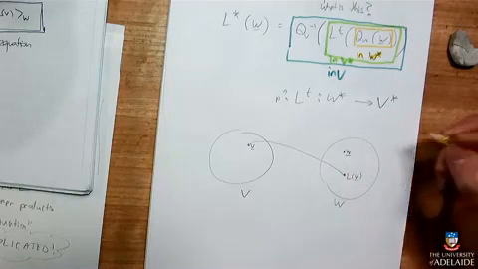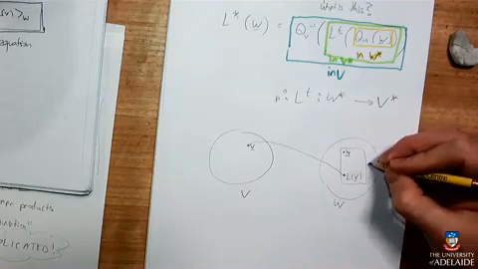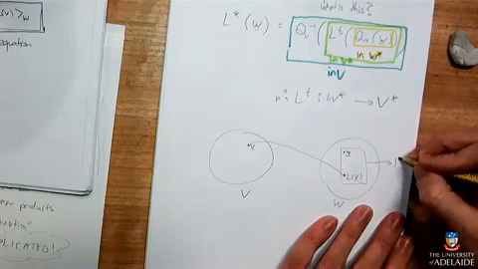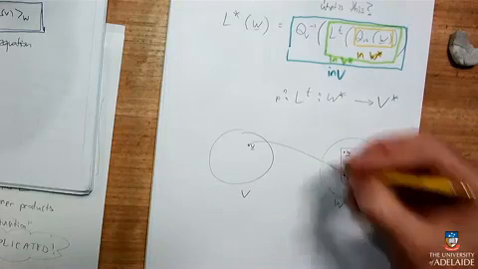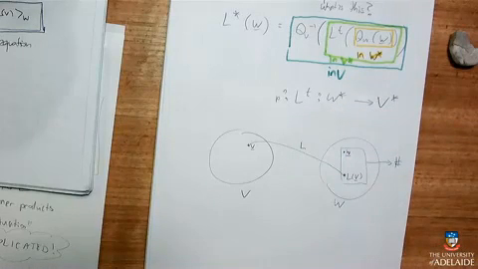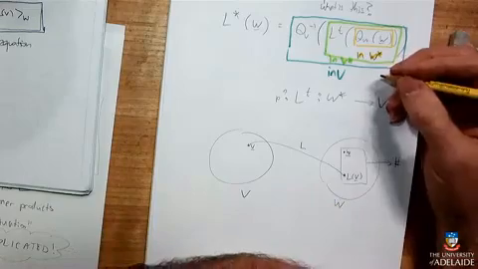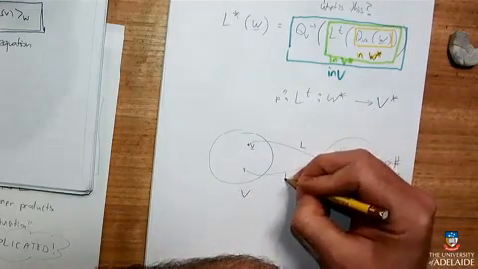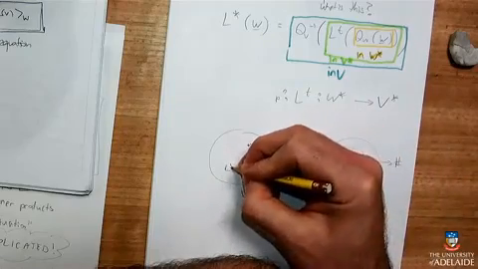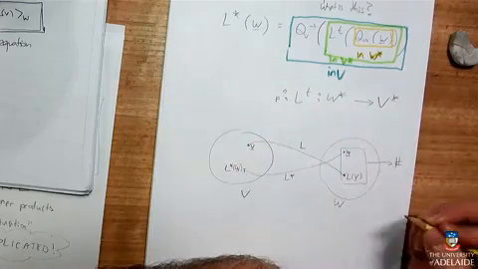And the dot product of these two things is a number. And then they're saying that if I do L star of W, that'll end up back over here.